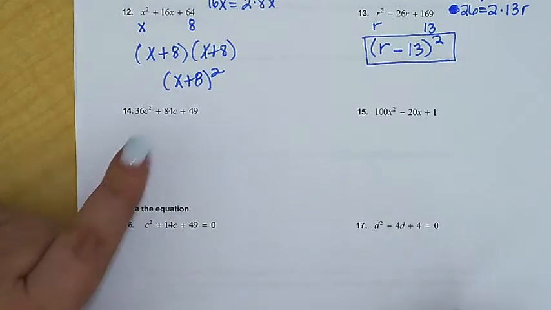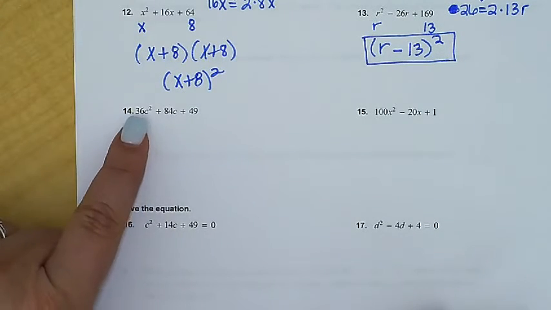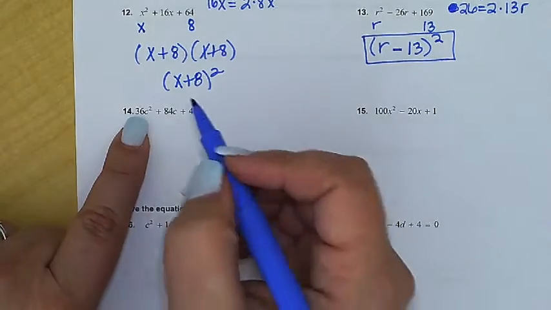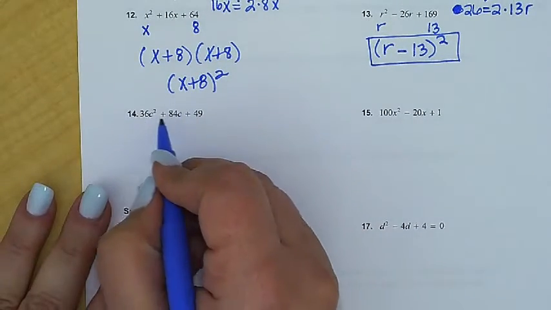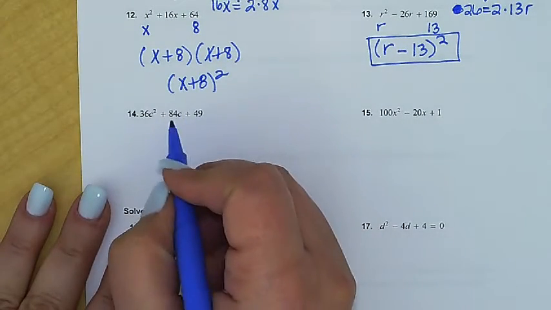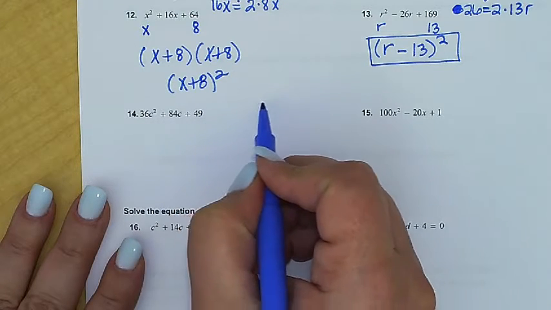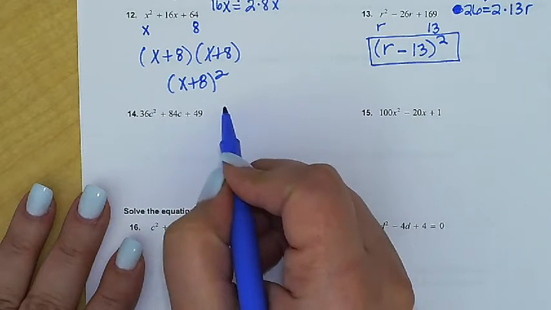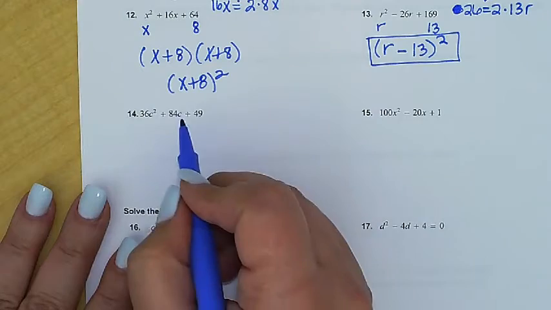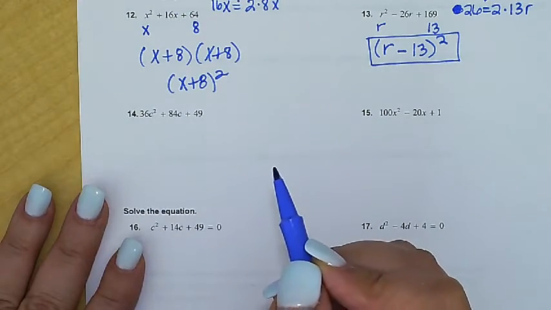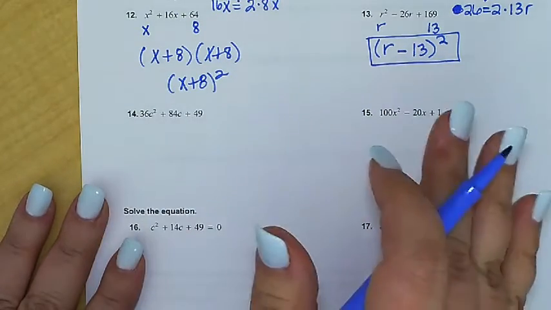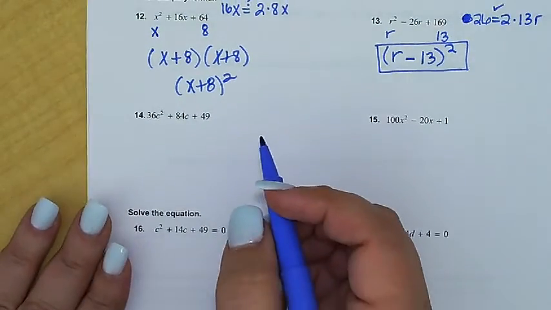It pays off even better when you have leading coefficients, because we already know that when we have leading coefficients in a problem like this, there is no GCF. If I were going to do this the long way, I would be doing 36 times 49, which is probably something very big, for factors of that add up to 84. And yes, you can still do that. You're always welcome to do that.